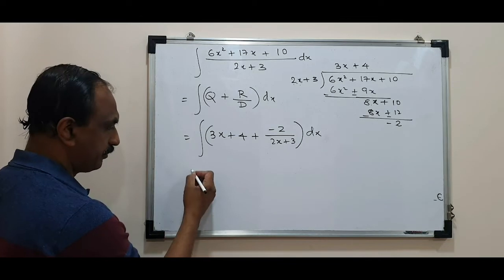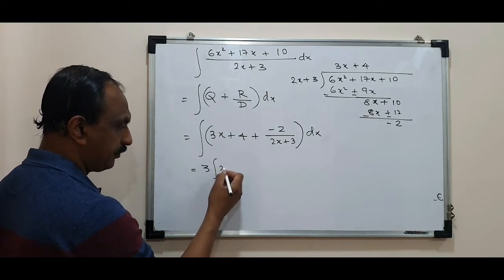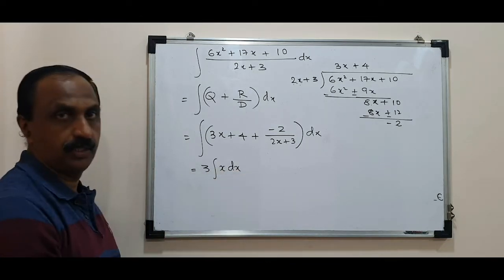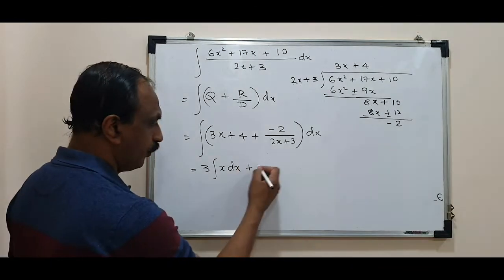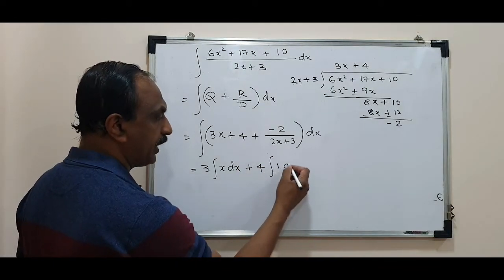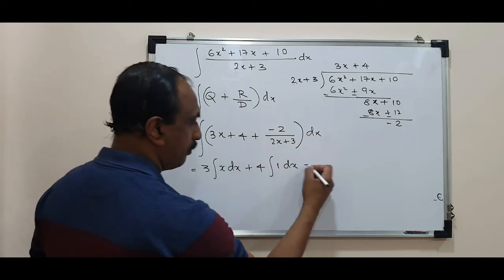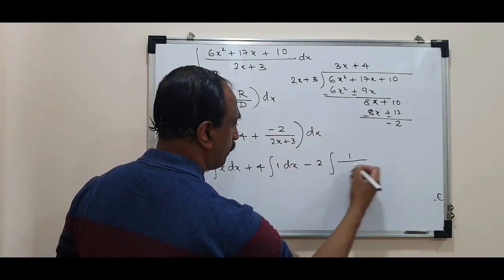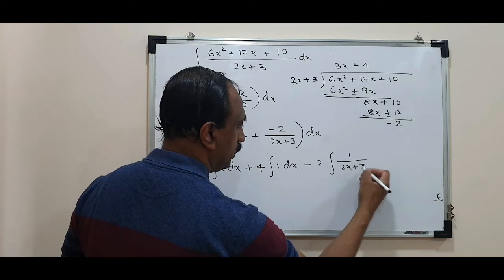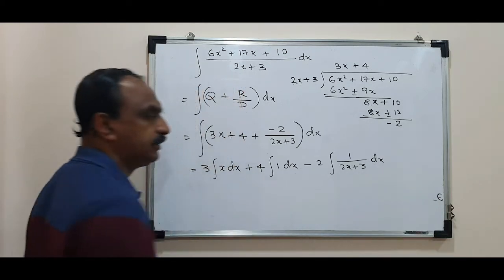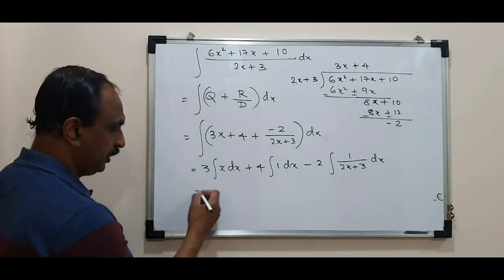Now separate it. 3 integral x dx. Next is 4 outside, integral 1 dx. Minus 2 outside, integral 1 upon 2x plus 3. Always remove the constant outside the integral.